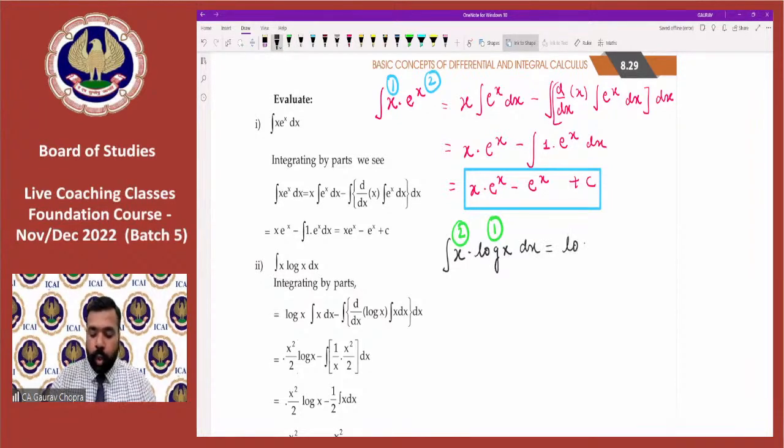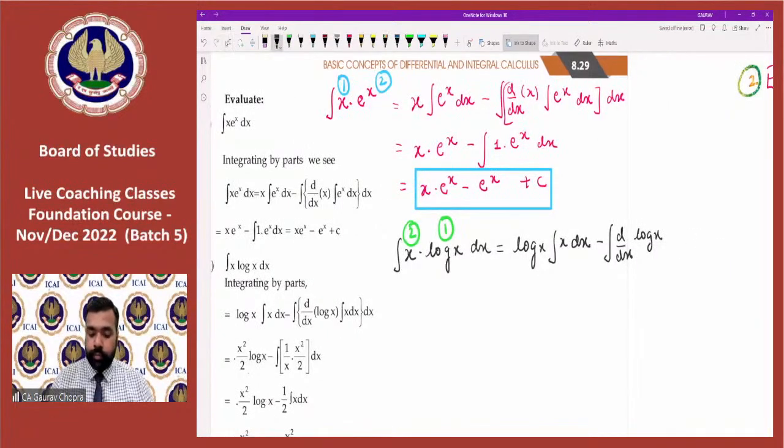So taking log x integration x dx minus integration d by dx of log of x, then integration of x dx.